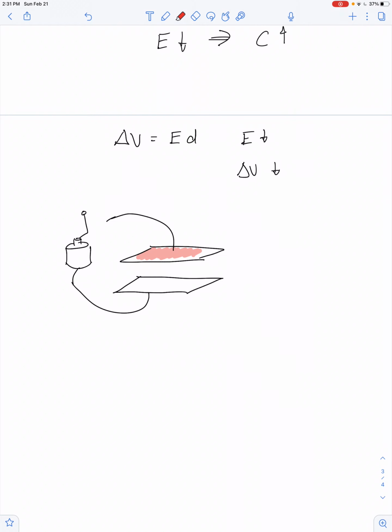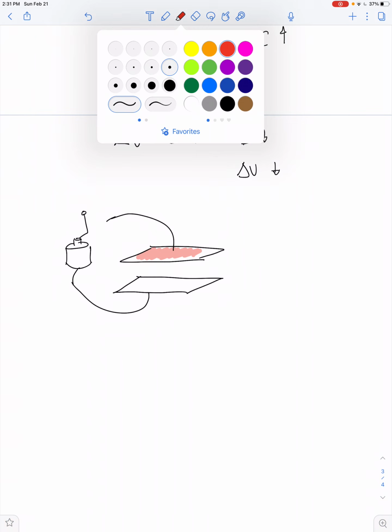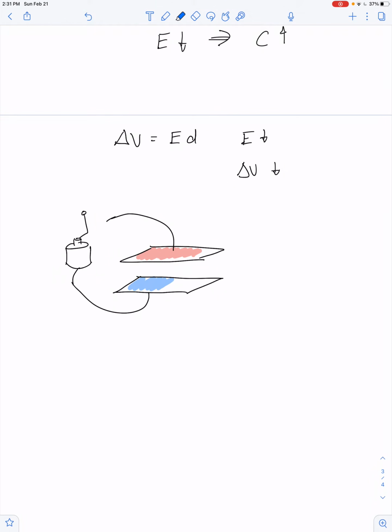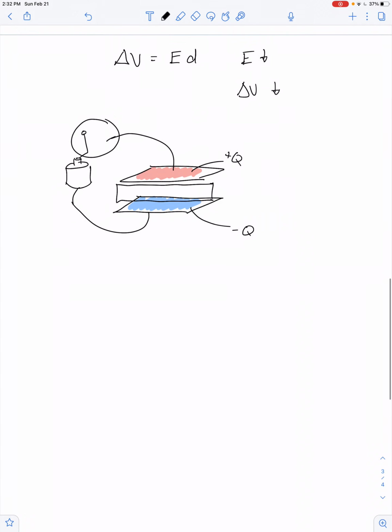So it's as if positive charge was conducted to the top plate, negative charge was conducted onto the bottom plate, and so then we introduce this dielectric material. Nothing can change the amount of charge that's on these plates because our circuit is now opened up.